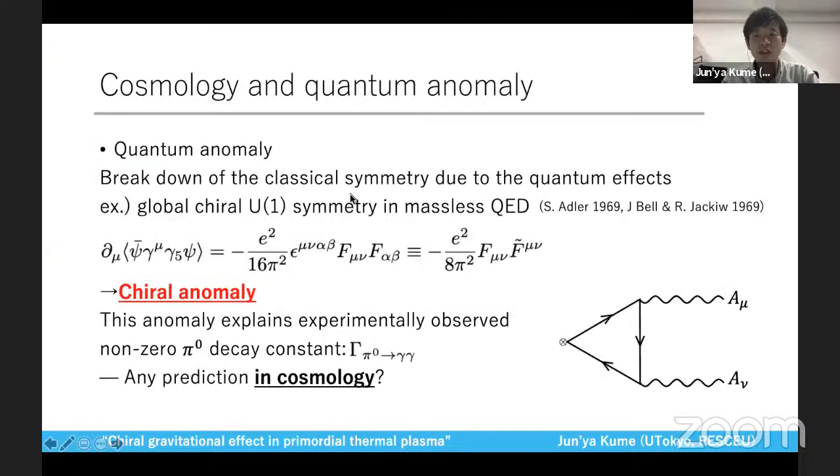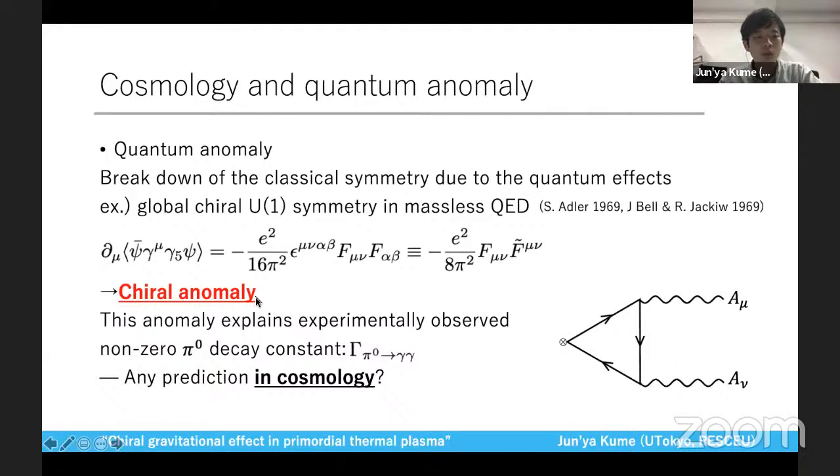This is just a simple reminder, but the quantum anomaly is the breakdown of a classical symmetry at the quantum level. If you consider massless QED, you will have a non-zero divergence of the axial current, which is called the chiral anomaly. This has quite important implications in particle physics.